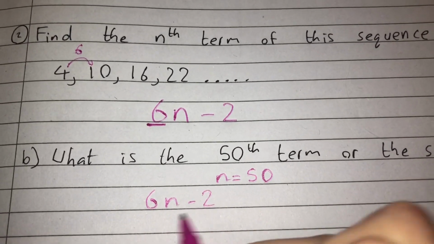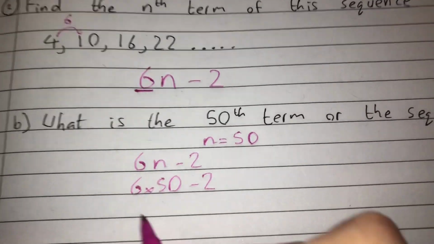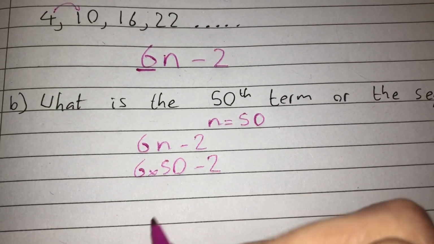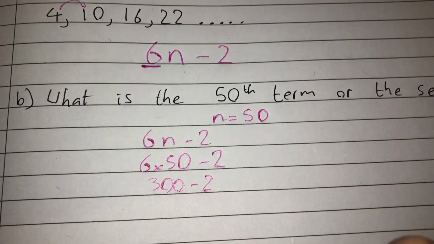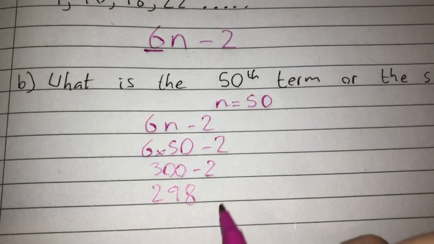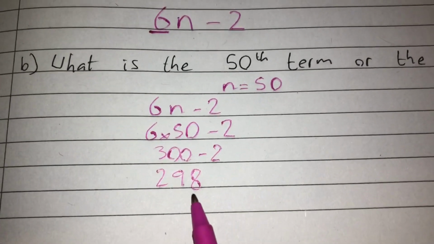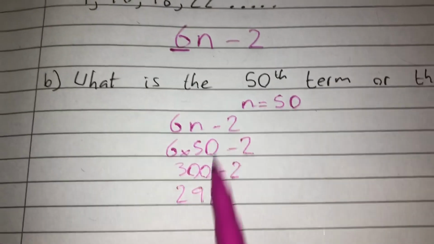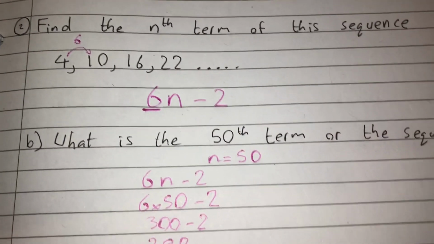So 6n minus 2 becomes 6 times 50 minus 2. Okay, 6 times 50 is 300. Take away 2 is 298. So if I was to continue this sequence on another 46 times, I would arrive at 298. And this formula allows me to avoid having to continue it on another 46 times.